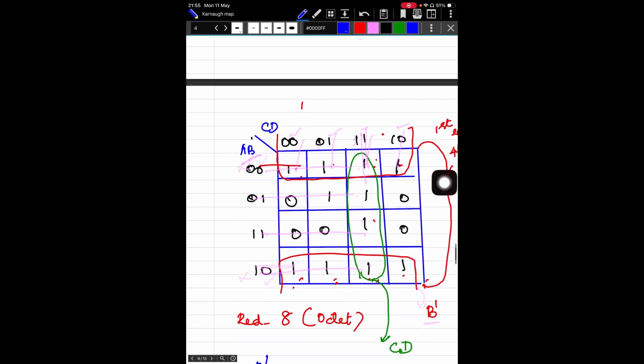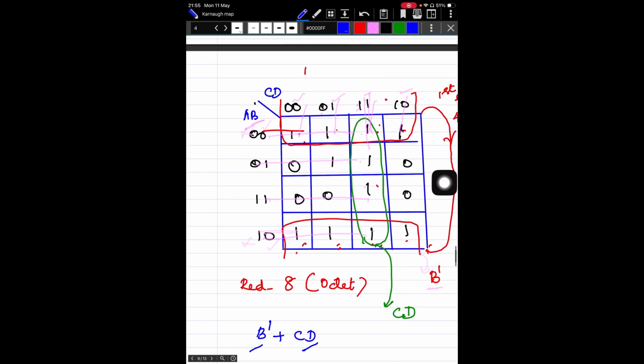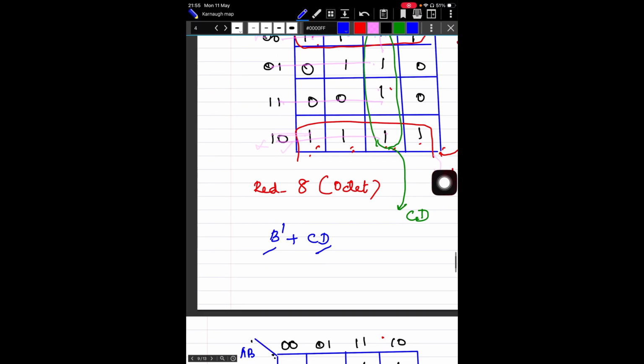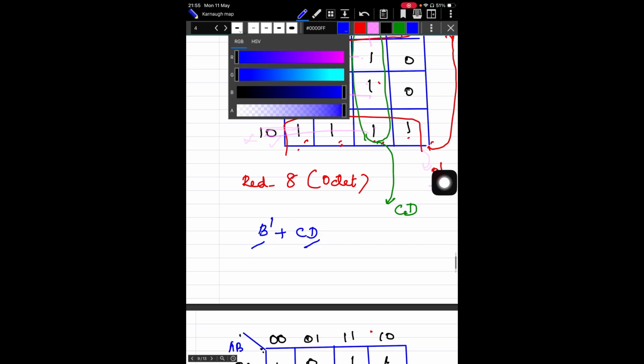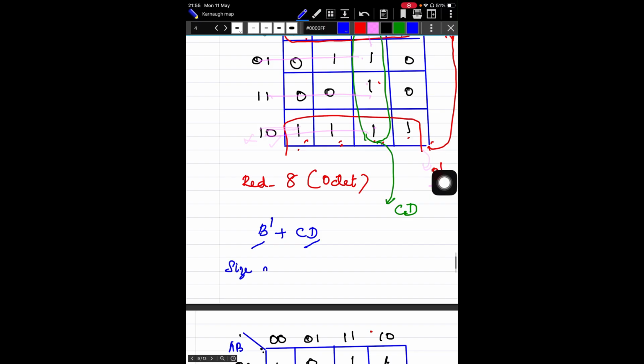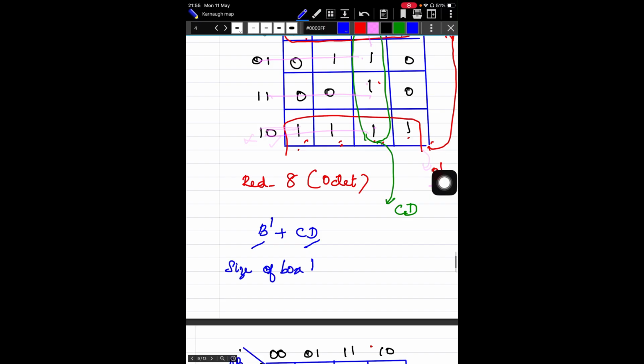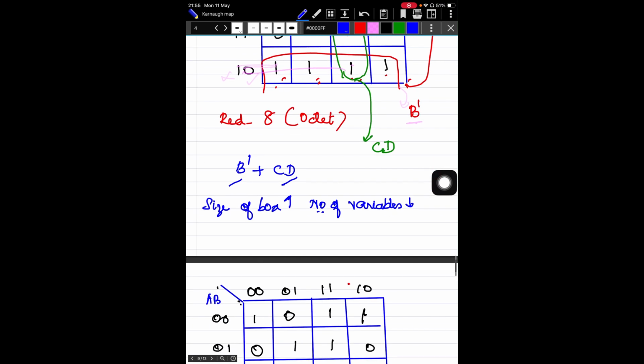So as the size of the box becomes bigger, the number of variables will be less. Is that right? So we are going for miniaturization. We want the number of variables to be less. That's why I said always choose the biggest group.